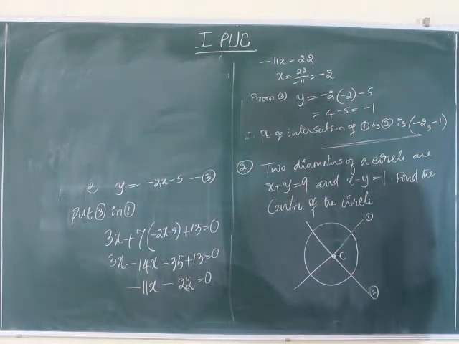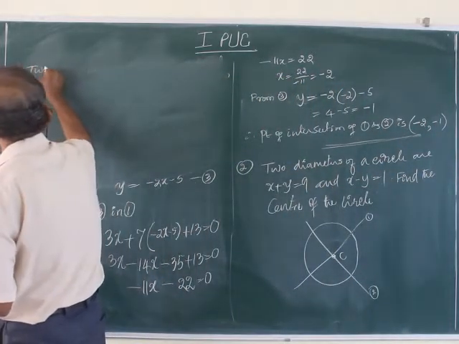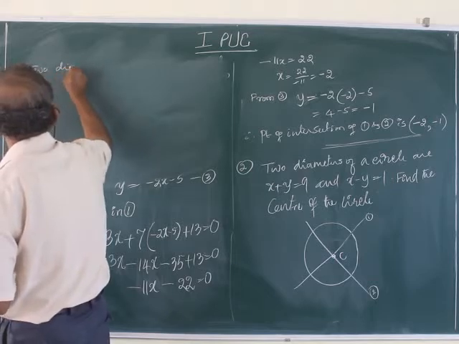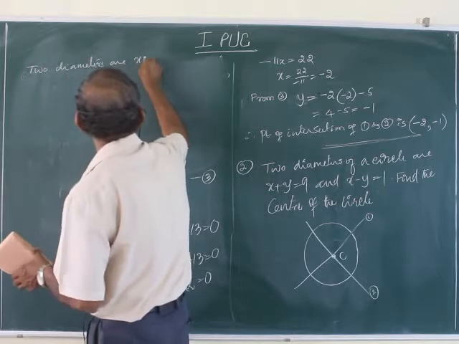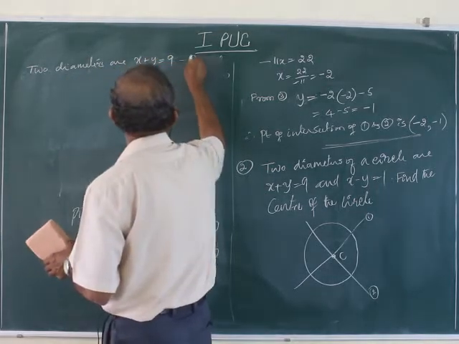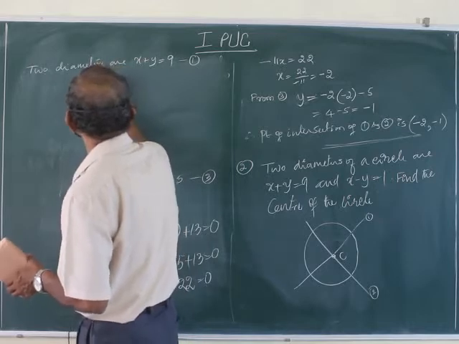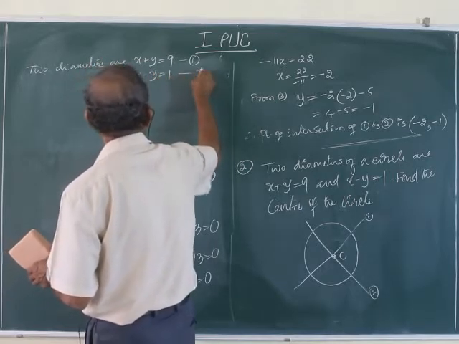Draw the circle, two diameters. Let me write one by one. Two diameters are x plus y equal to 9 and x minus y equal to 1.